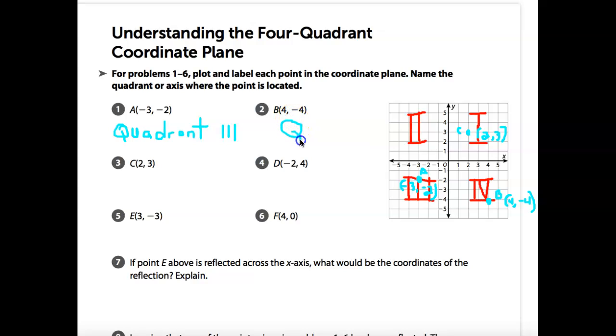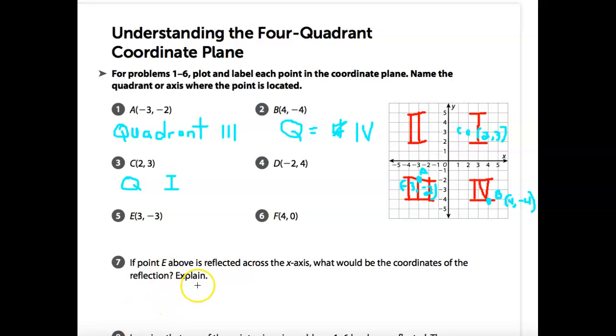I'm going to put Q equals quadrant 4. I'm so used to writing regular, I don't know whether it matters to Mr. Gregory, but we're going to put it down like that. And then, of course, this one, C, is in quadrant 1. Okay? All right. So you go ahead and do the remaining 3, and we'll move on to the next one.